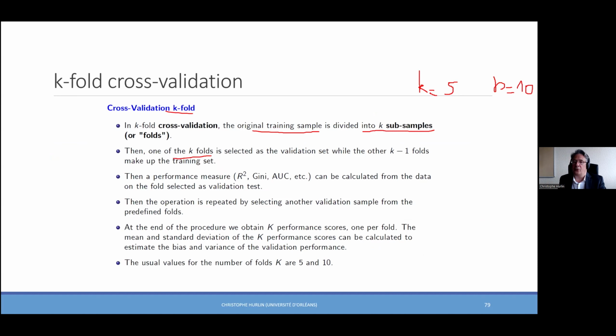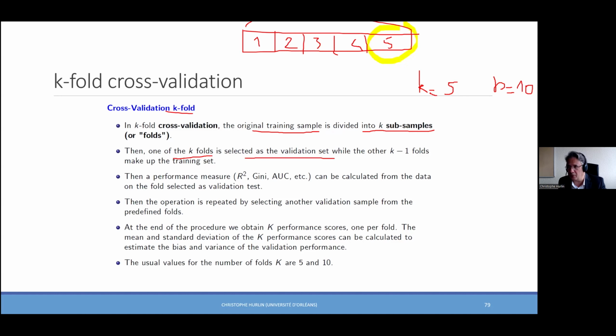One of the folds is selected as a validation set. So I have 5 parts of my sample, 1, 2, 3, 4, and 5, and I select, for instance, this one as the validation sample.